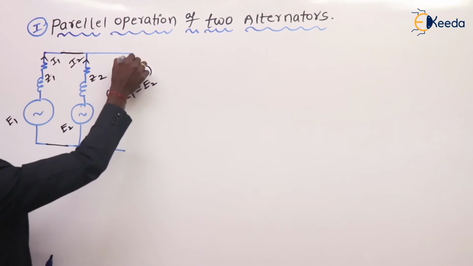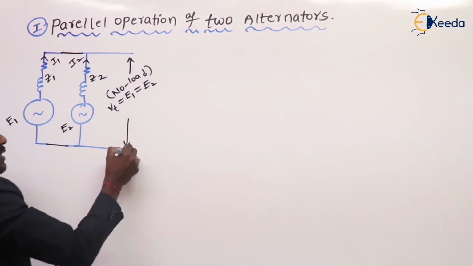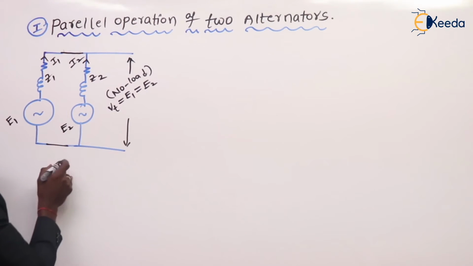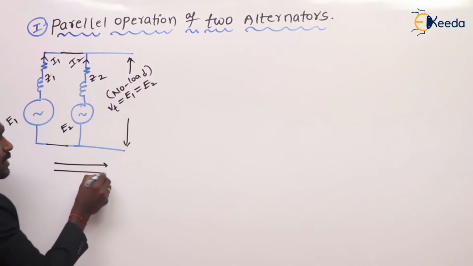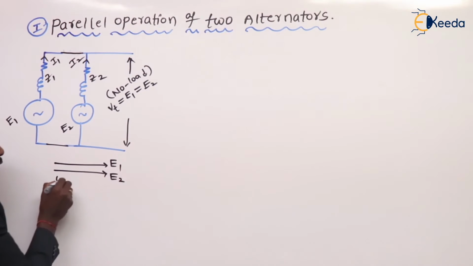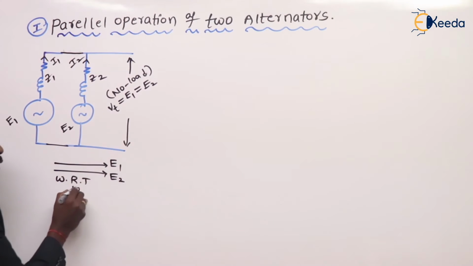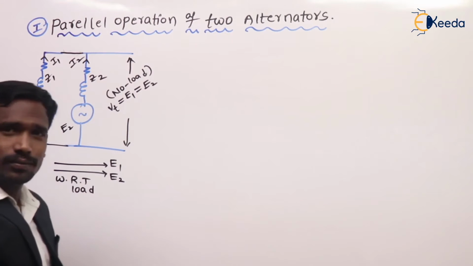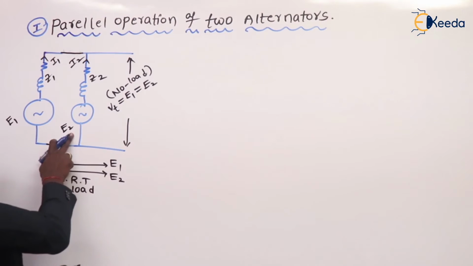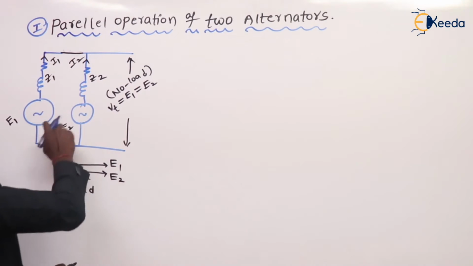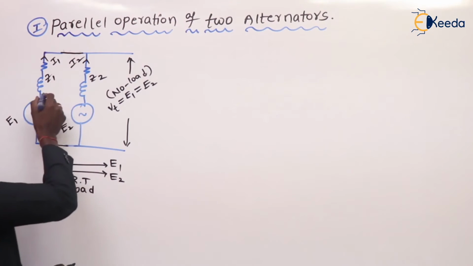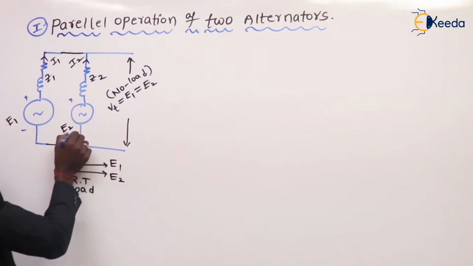And see here, with respect to terminal voltage, these E1 and E2 are in phase to each other with respect to load. But when we are talking with respect to each and every alternator, for example, this is plus minus, this is plus minus.